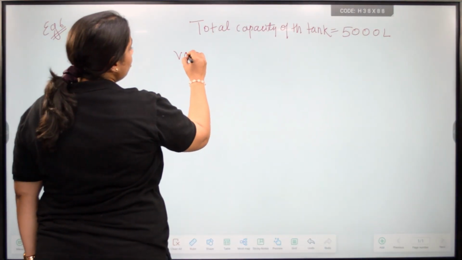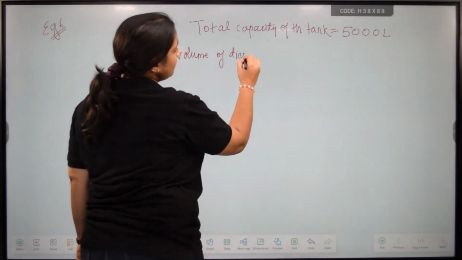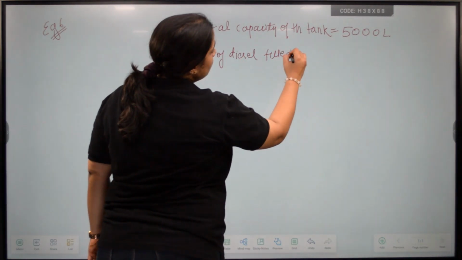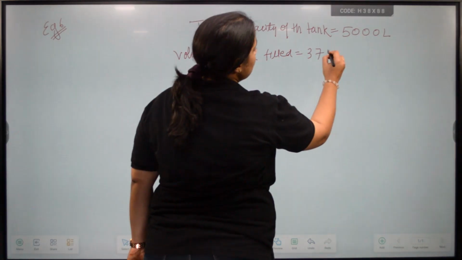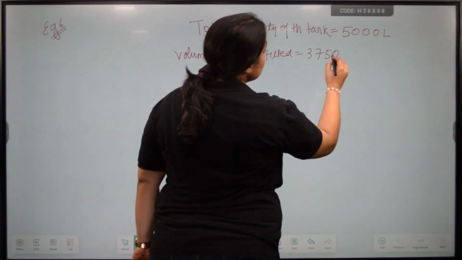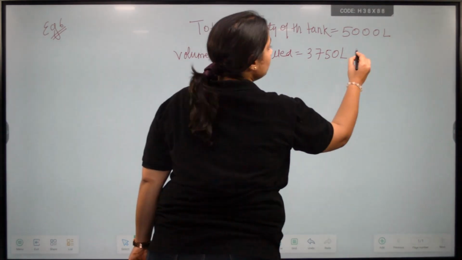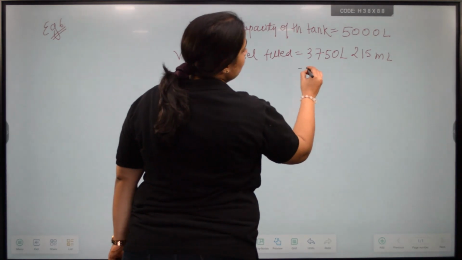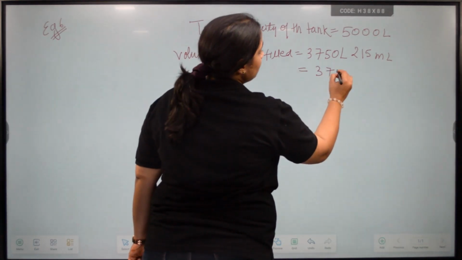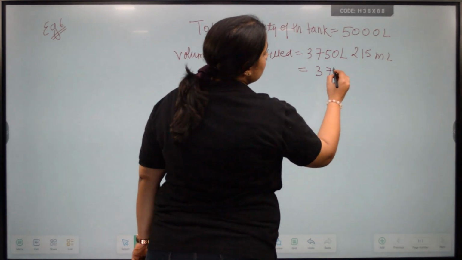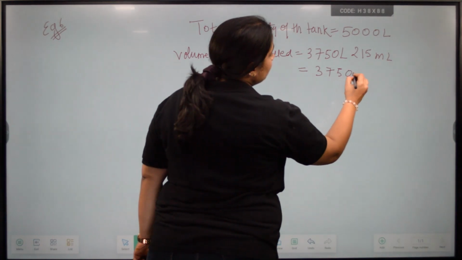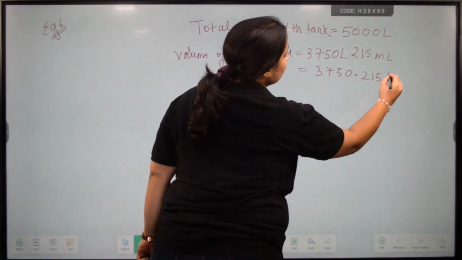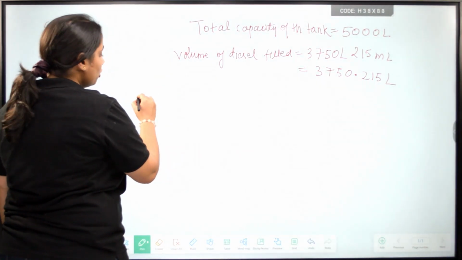Now the volume of diesel filled is equal to 3750 liters and 215 milliliters, which can be written as 3750.215 liters.